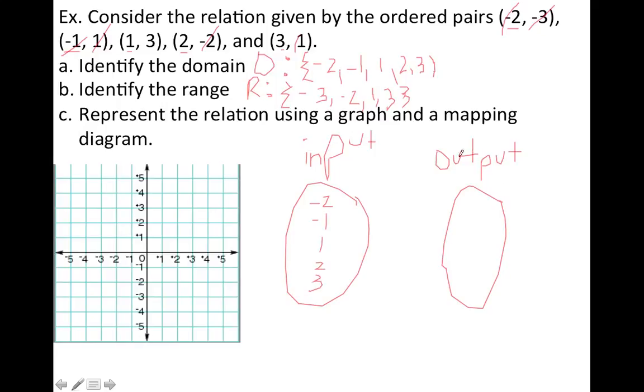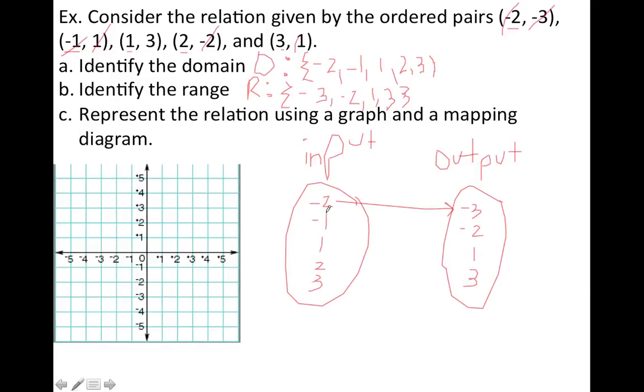Then for our output, we put our range values. So we have -3, -2, 1, and 3. Then, since this is a mapping diagram, we have to draw our arrows. So we go back up to our first ordered pair, which is (-2, -3). So you start at your input, draw it to your output, and you're done with that one.